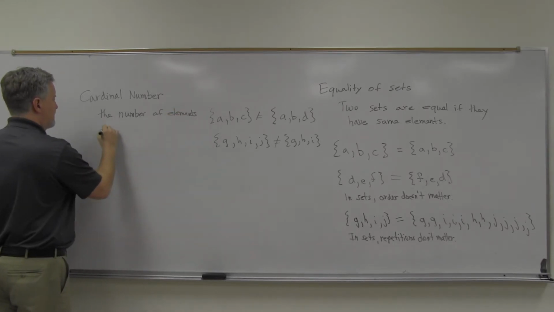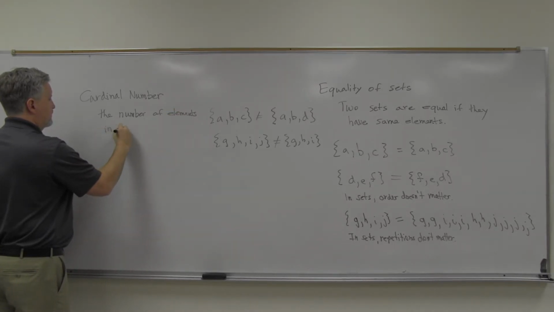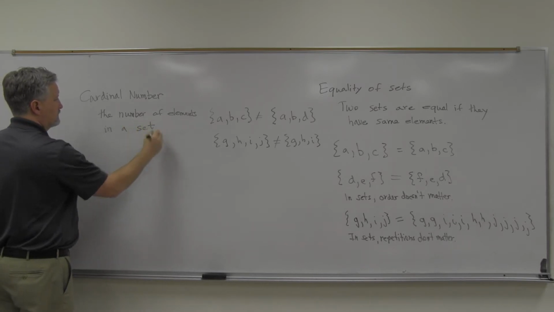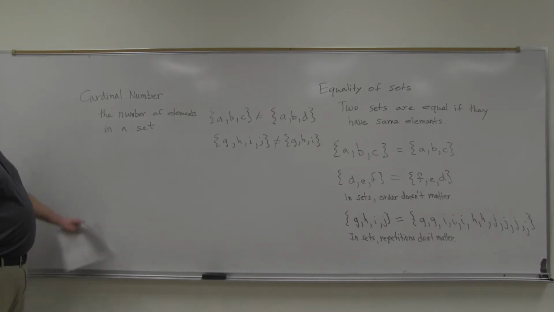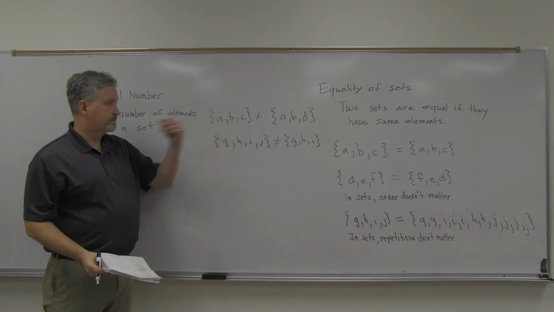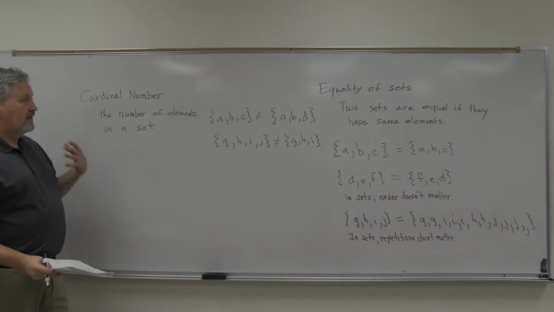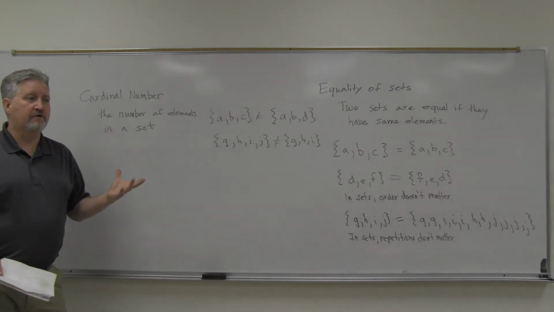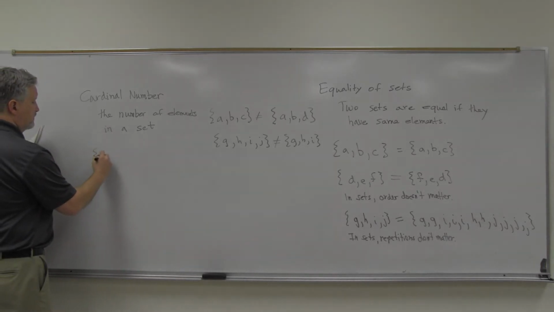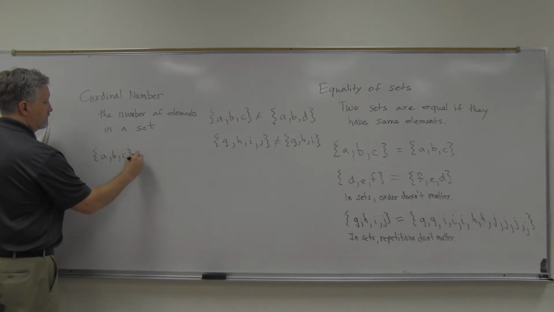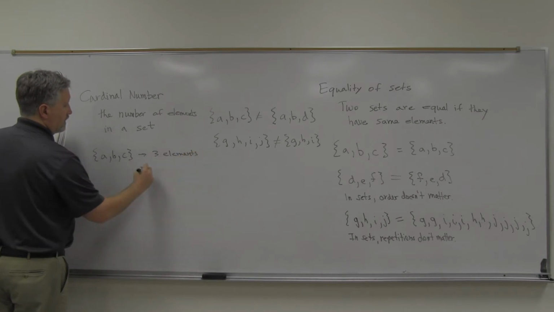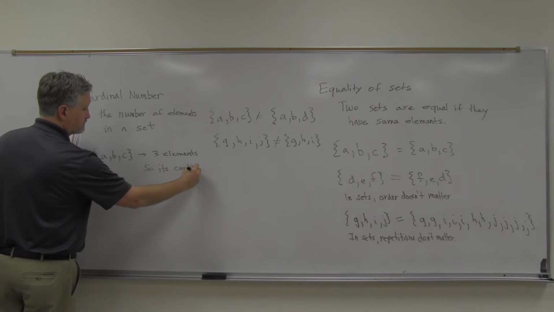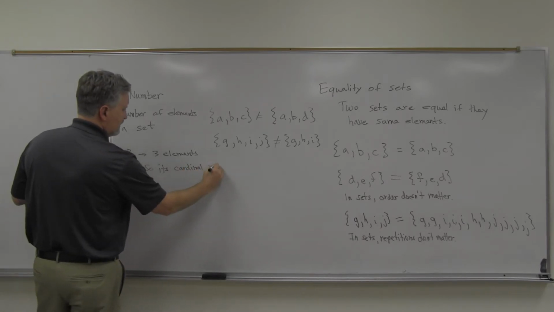So yeah, pretty straightforward. Set ABC has 3 elements, so its cardinal number is 3. Okay. Not that hard. It's just called the cardinal number.